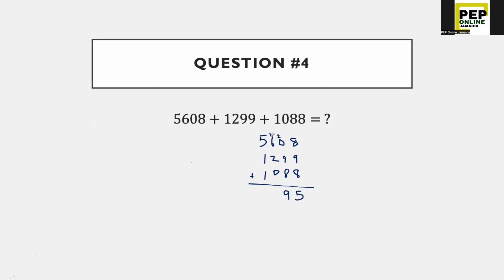Carry 1. 0 and 2 is 2, plus 6 is 8, and 1 will make 9. 1 plus 1 is 2, plus the 5 will make 7. Awesome stuff. All right, we're getting there. It's a lot, but we're getting there. By the time we're finished, you're good at this.